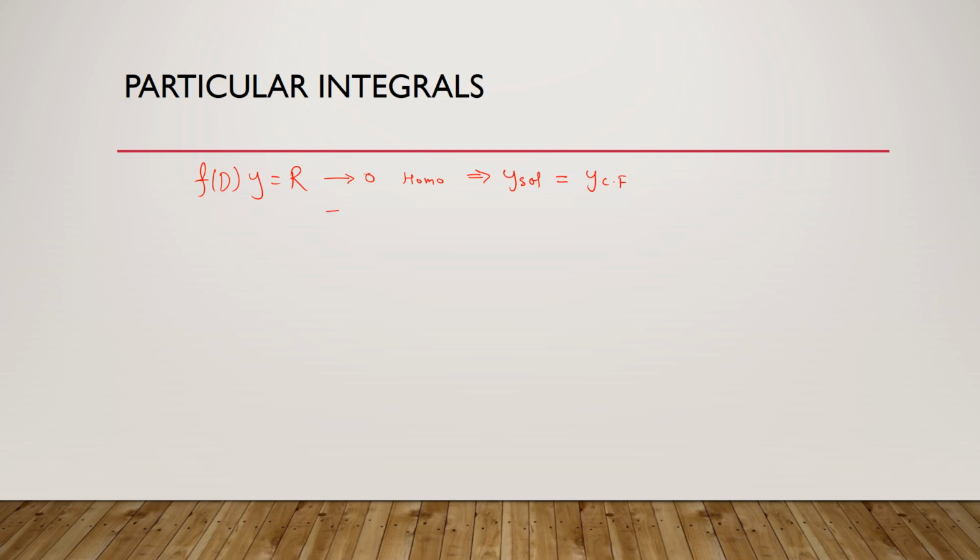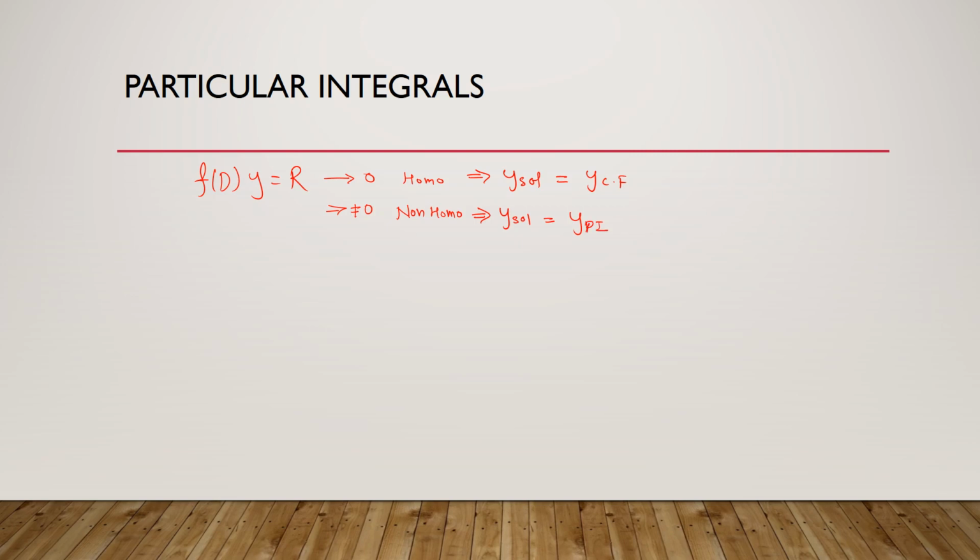Similarly, if r is not equal to 0, then we call it a non-homogeneous differential equation, and the solution of the differential equation is the particular integral type solution.